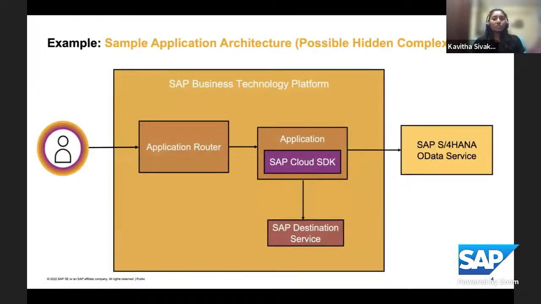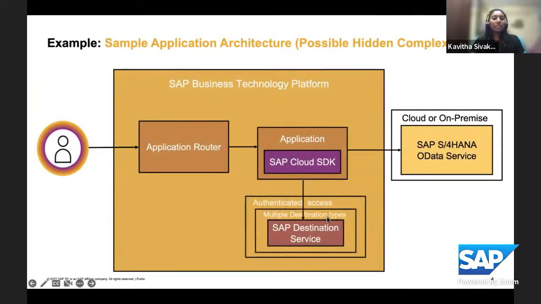Now, what are the different possible hidden complexities that you may have in such a scenario? First, the SAP S4HANA OData service that you want to consume could be a cloud or an on-premise service. Now, since SAP Destination Service is a service on BTP, accessing it needs an authenticated access. And you could also have multiple destinations.